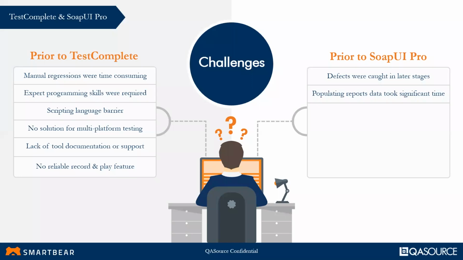Populating reports data sets was time consuming, and that was another major challenge. Then there was a lack of intuitive tools, and even the ones that existed required extensive programming skills and in-depth knowledge of API implementations. The next challenge was that there were no options to detect schema-related issues as well.